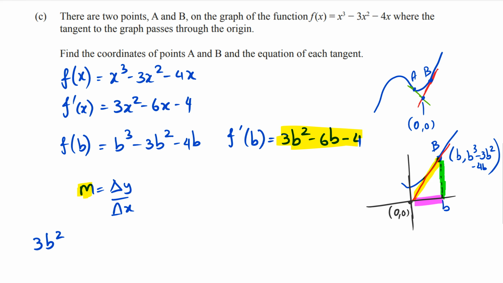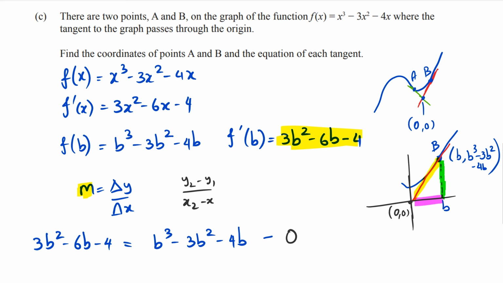I've got 3b squared minus 6b minus 4 equals, looking at the change in y, that y value that we just discovered before, which is b cubed minus 3b squared minus 4b, minus 0, because remember, the gradient is y2 minus y1 divided by x2 minus x1.